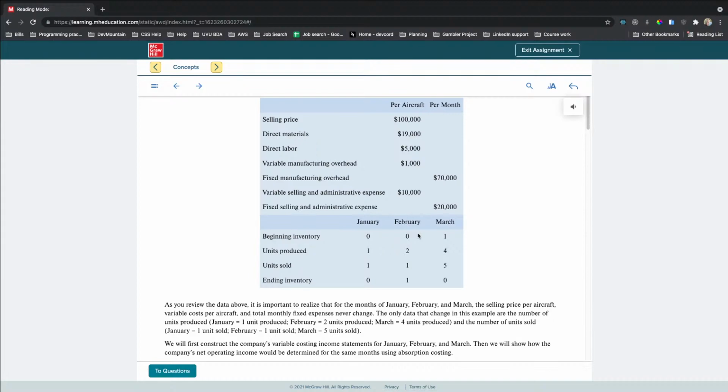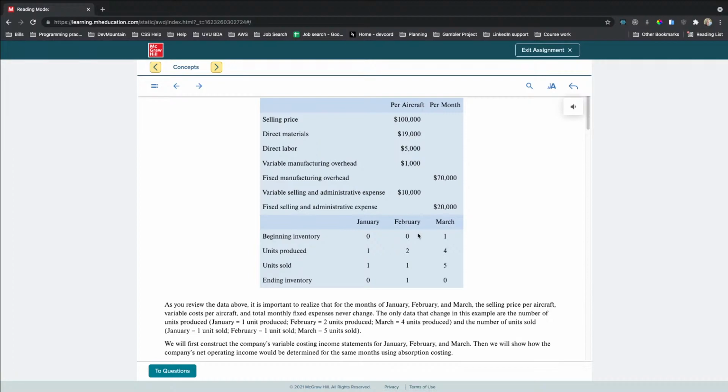And then positive 250,000 in March minus our debt of 20,000. So we're looking at 230,000 end of March.